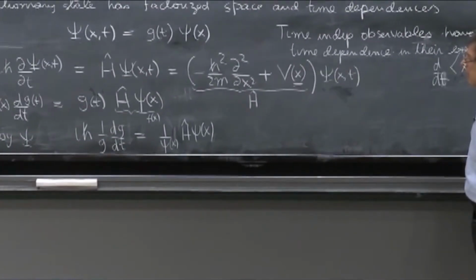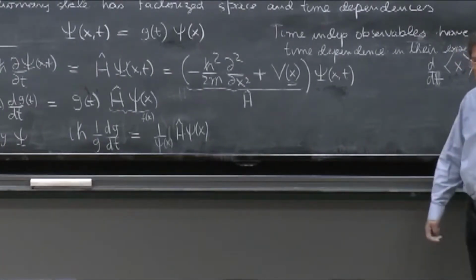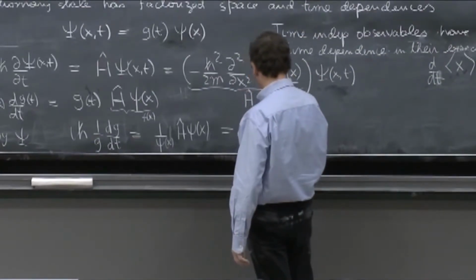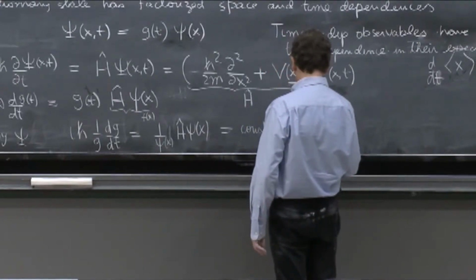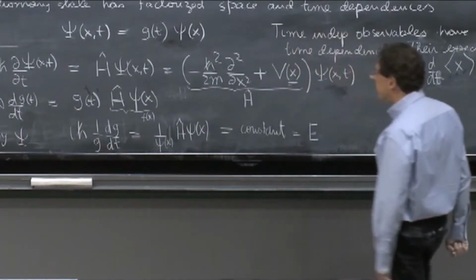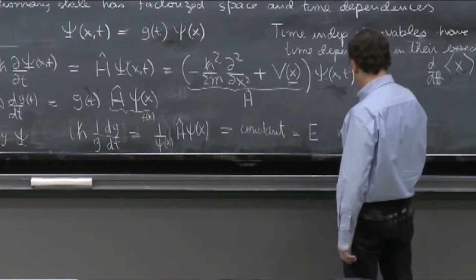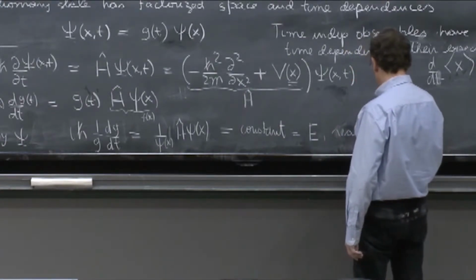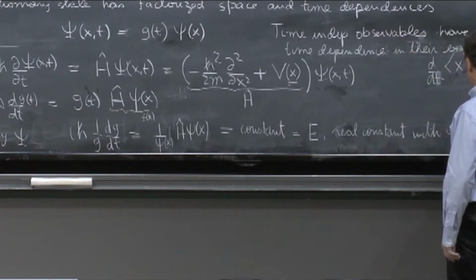It just doesn't make sense. So each side must be equal to a constant, and it's the same constant. And we'll call the constant E. This E has units of energy, and it will be a real constant.